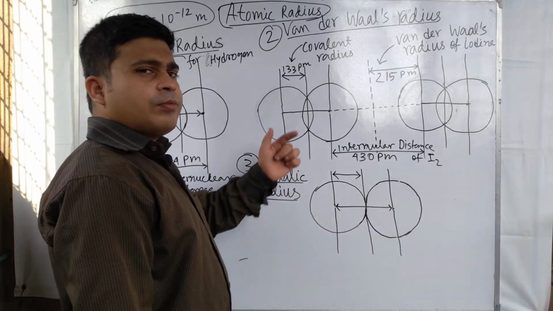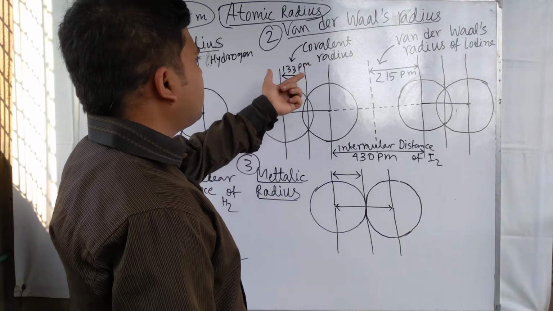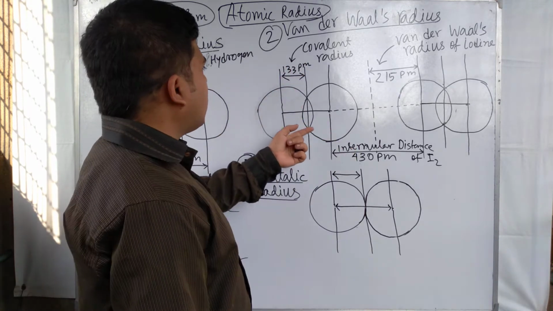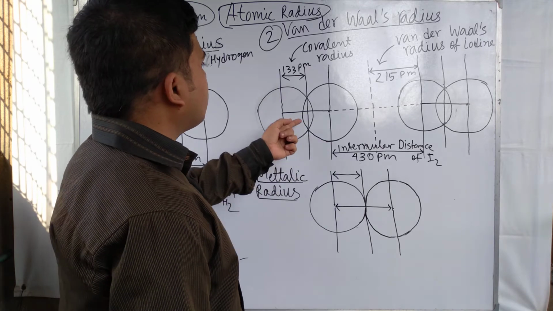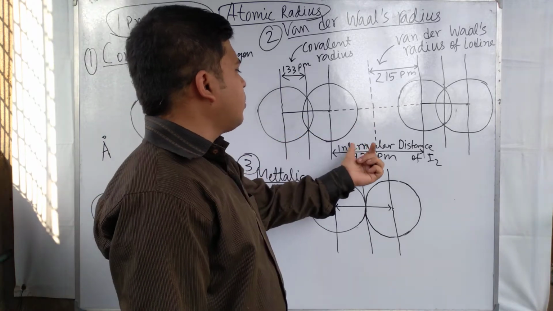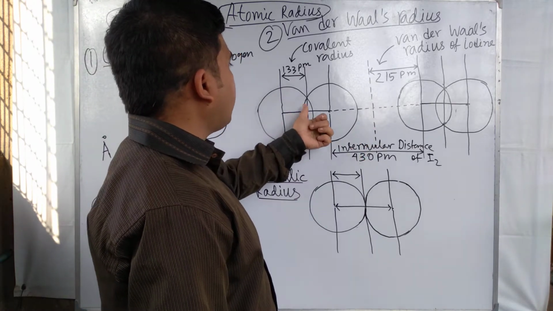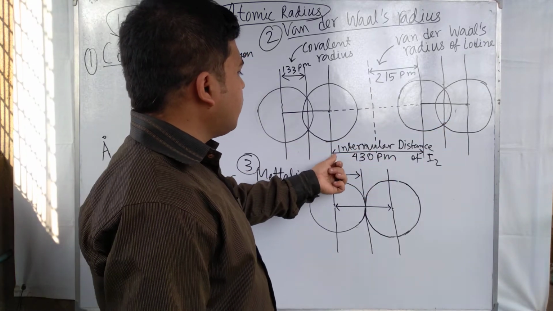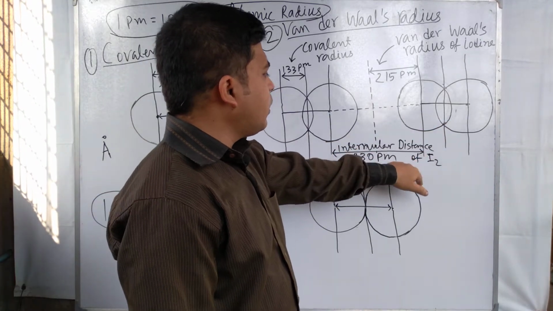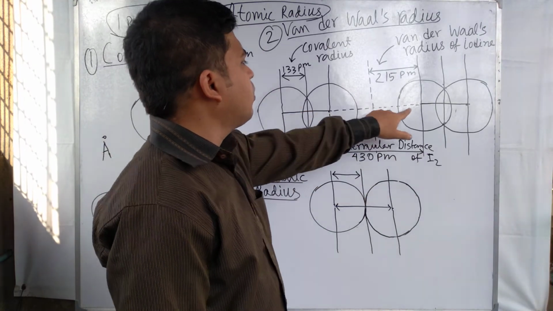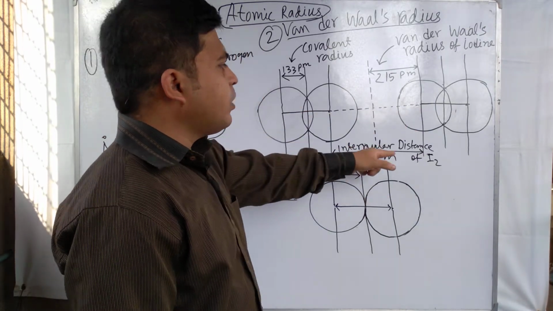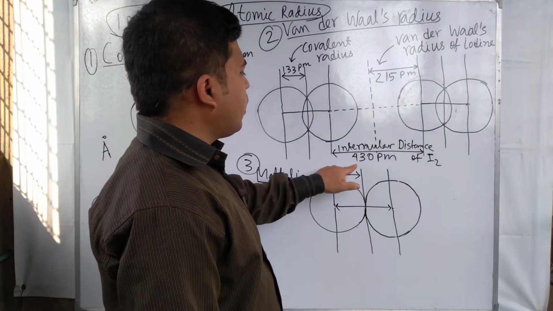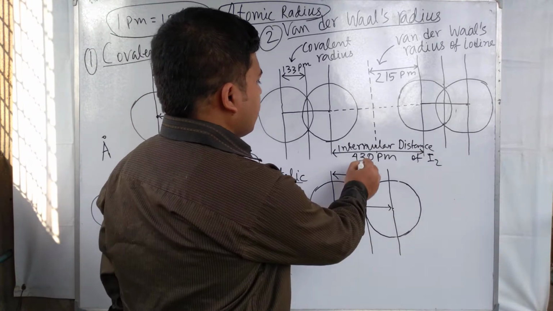Next one is van der Waals radius. Suppose iodine gas, and in this case the molecules are at a distance: this one is one I2 molecule, this one is another I2 molecule, and this point to this point is the internuclear distance of iodine, which is 430 picometer.